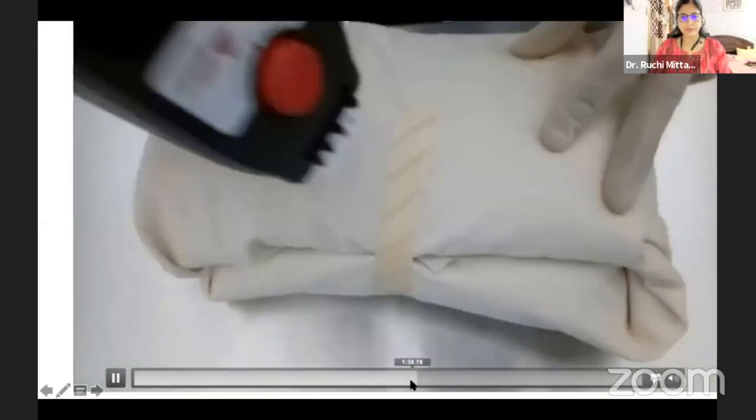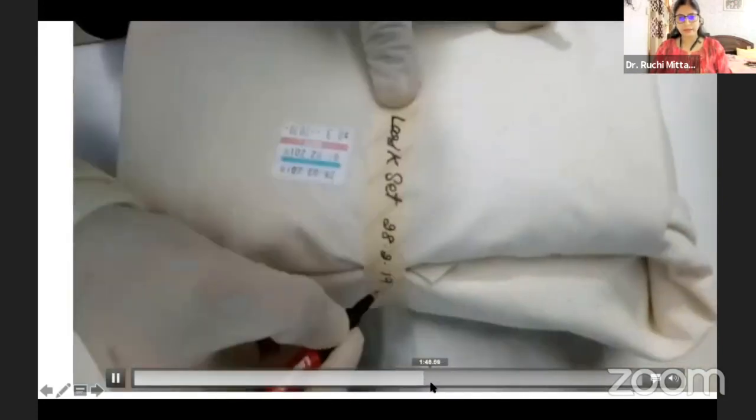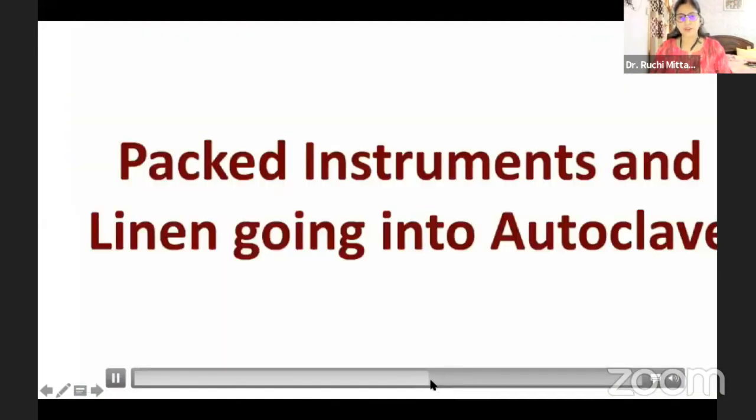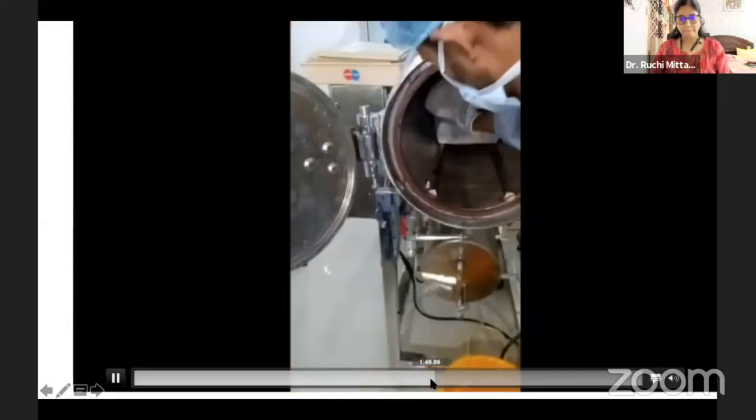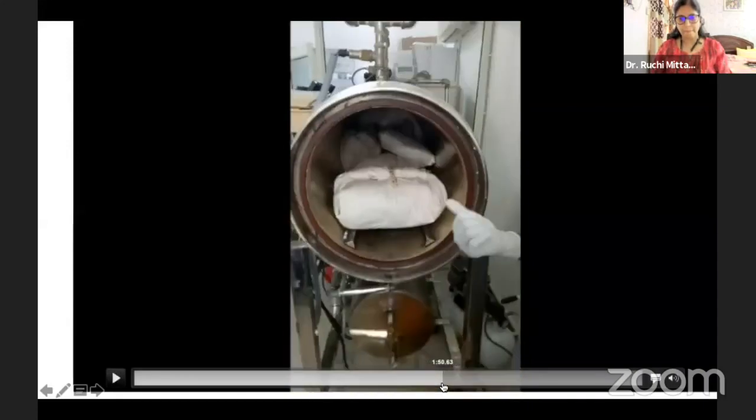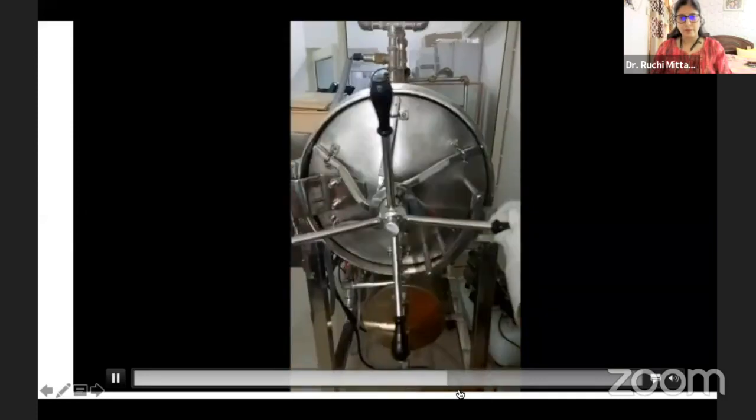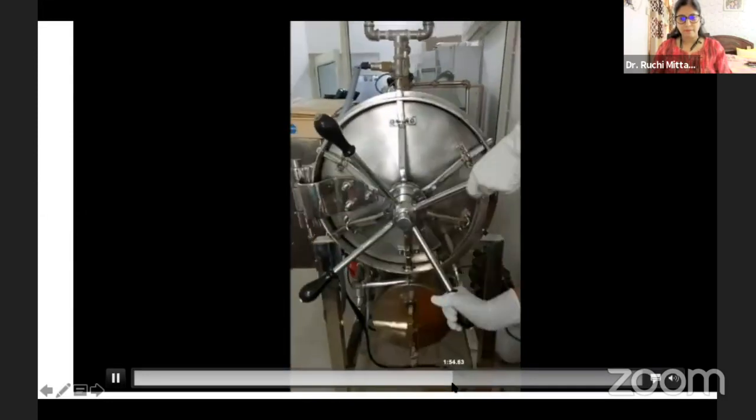So properly labeled, and then they are being kept into the autoclave. And the timer is set.